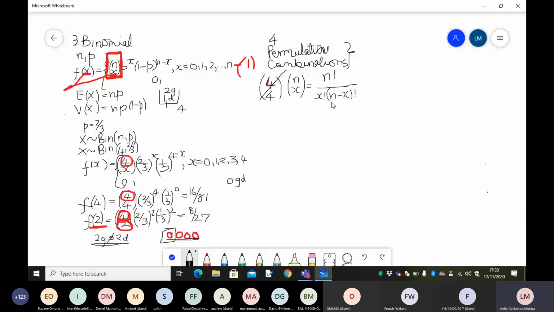So for example, 4 combination 1, or 4 choose 1, as some other people say, is going to be given by 4 factorial over 1 factorial multiplied by 4 minus 1 factorial.